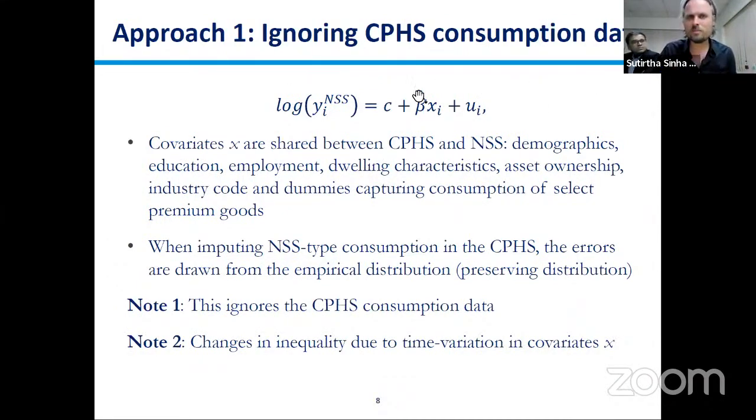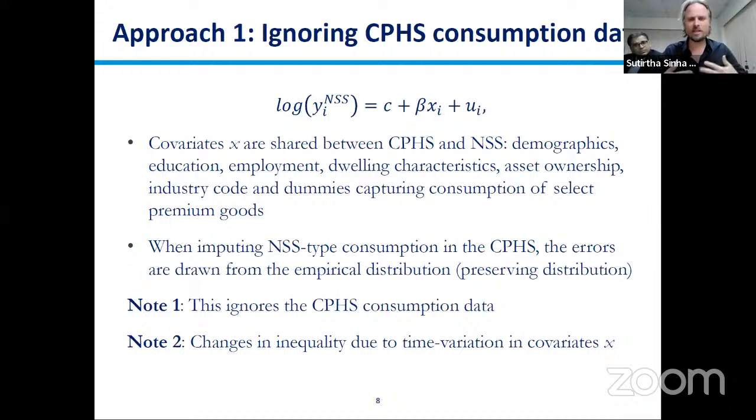That allows us to estimate this model in the 2011 NSS survey, where we respect the non-normality of the residual, the error term. So we adopt a non-parametric approach for the error term. We take our estimates obtained in the NSS 2011, and we take our estimates of that relationship to the CPHS years, and then impute NSS type household consumption expenditure into each of the CPHS years.